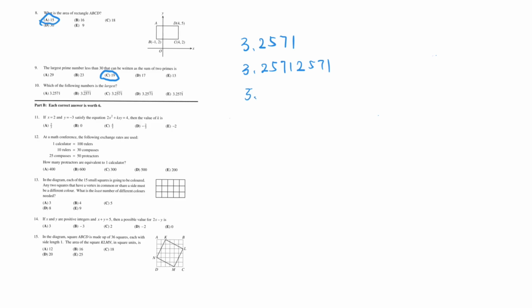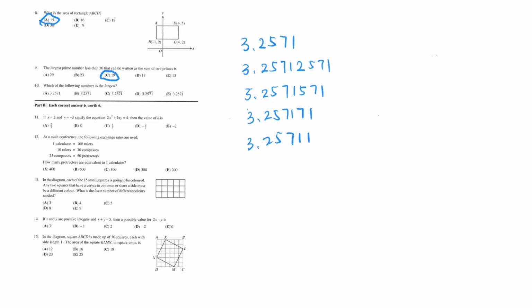C is 3.2571 and 571 repeating, and 3.2571 repeating, continue on 71. The last one is 3.2571 repeating to the 1, continue on the 1.